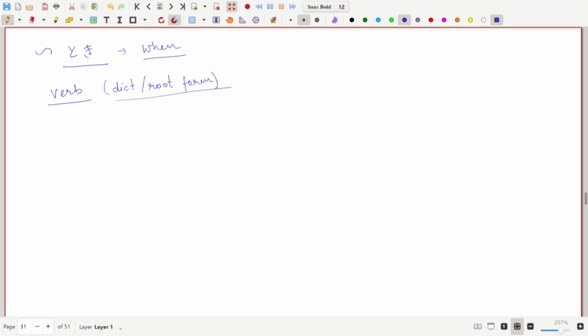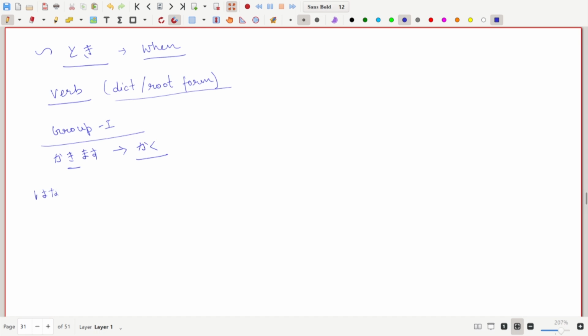So let's see the examples with the verbs. Let's learn again how to make the root form. If there is a group one verb, kakimasu will change into kaku. The root form will be kaku.